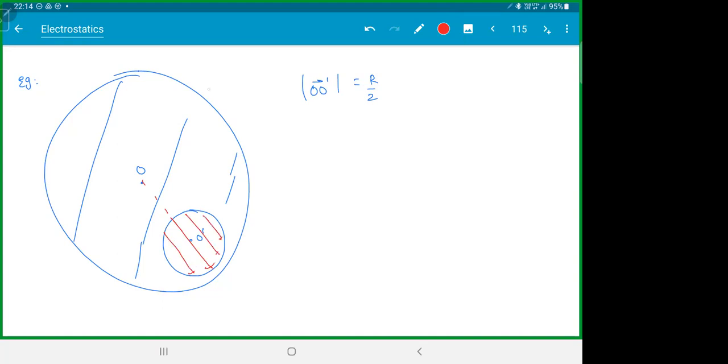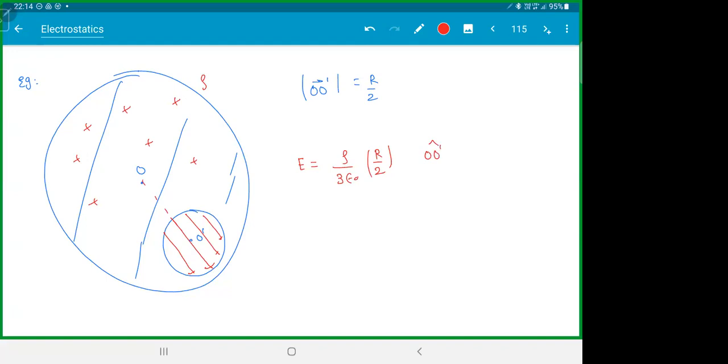We are assuming it is positive. If negative, it will be reversed. So the magnitude of the field is rho by 3 epsilon times R by 2. That was the magnitude, and the direction is the unit vector along OO dash. Got it? It does depend on the distance between them.